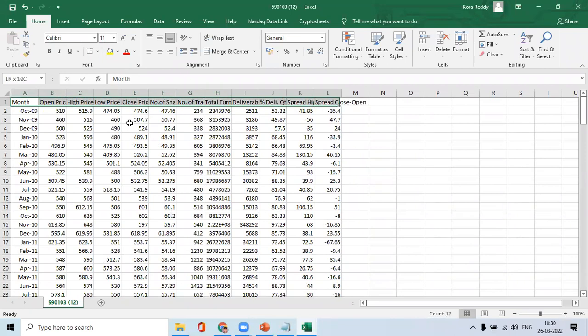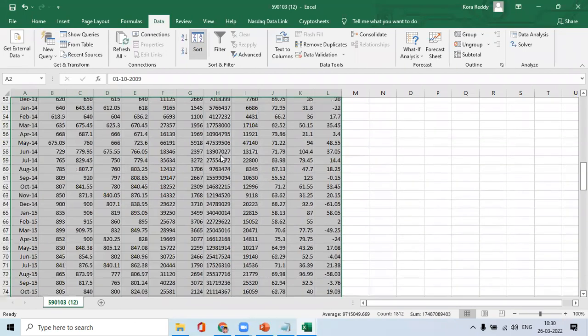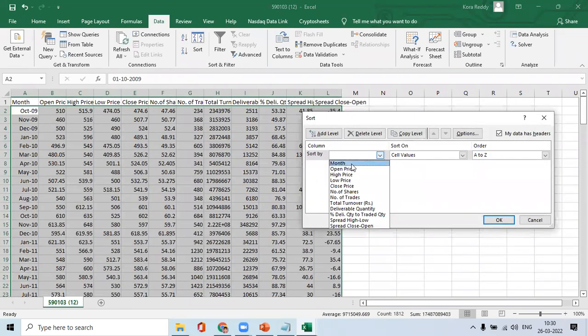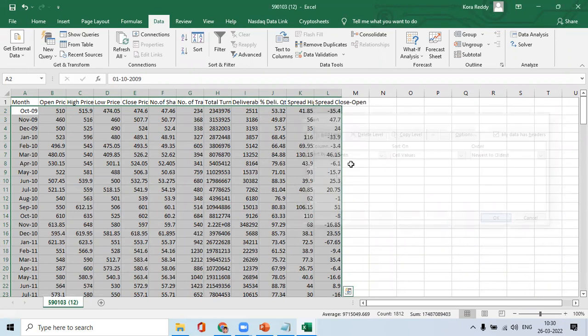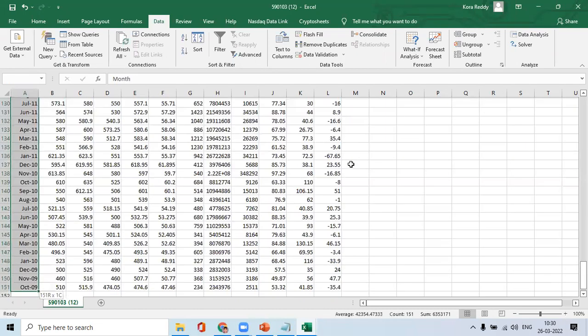And we also will flip the data by month, new to old. So this is where my adjusted price, adjusted close of Nifty. So this data.